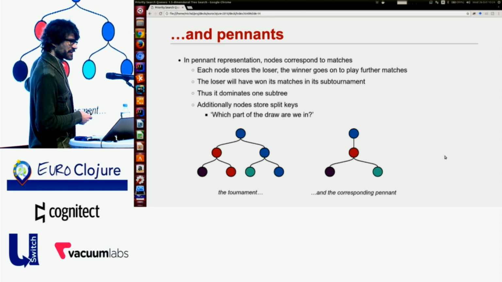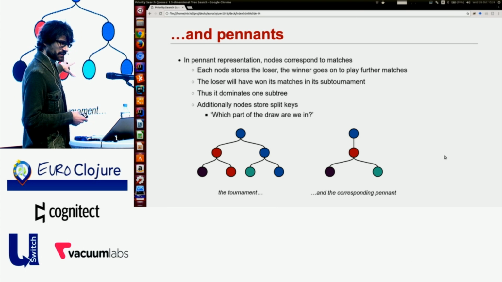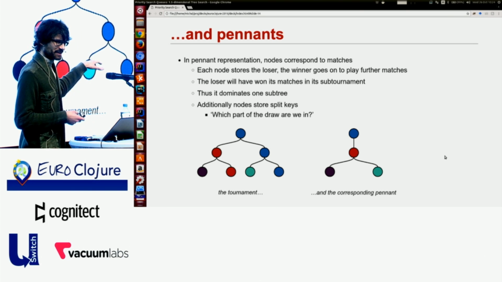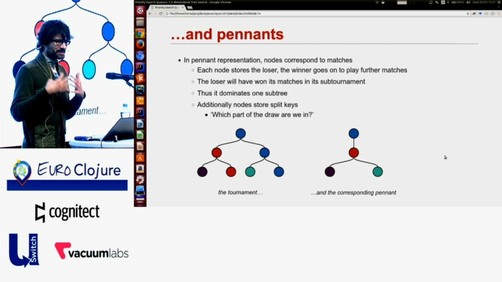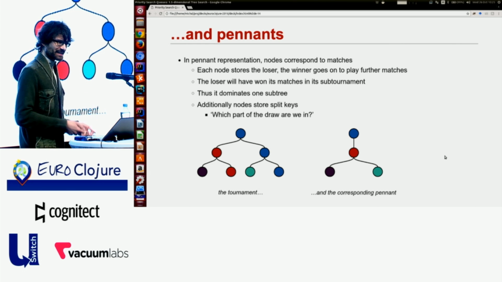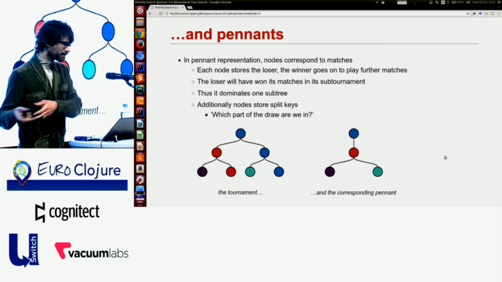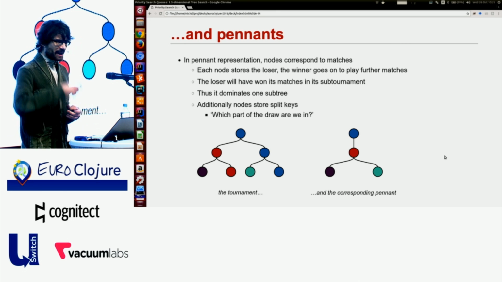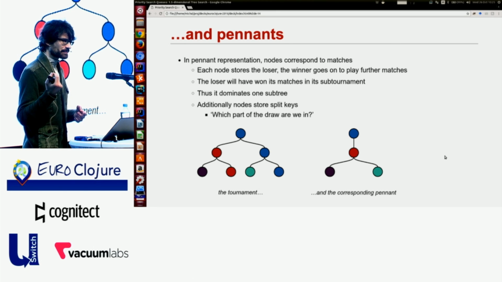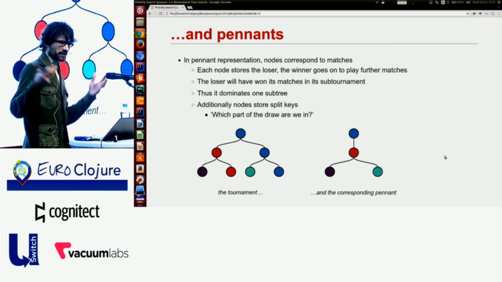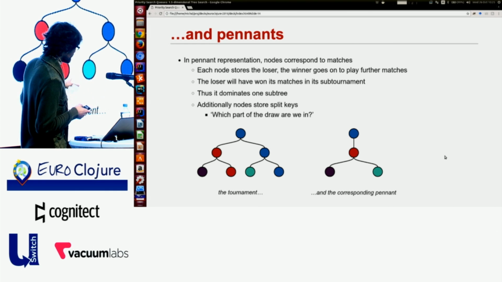In the tournament tree, we annotate internal nodes with winners of matches, right? Now, of course, every match will be won by one contestant and lost by another. So how about annotating match nodes with losers instead?